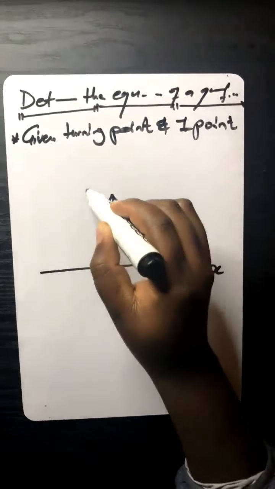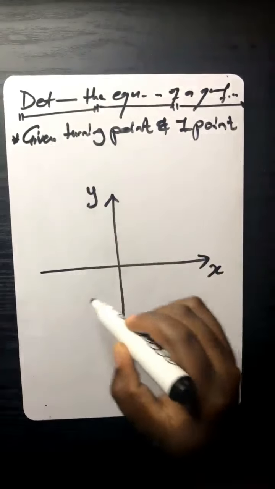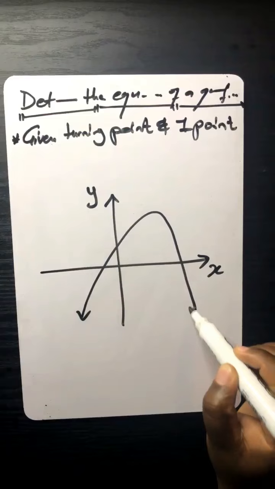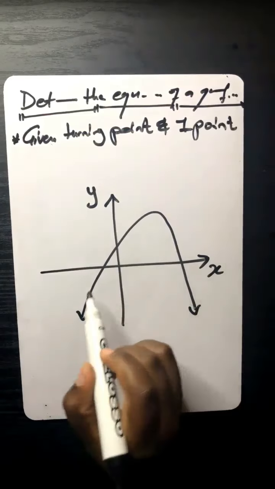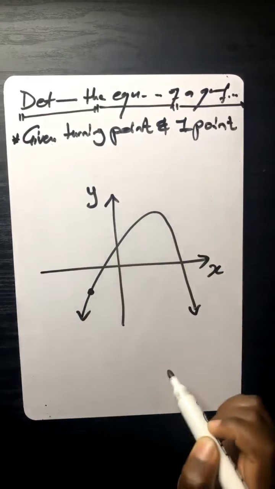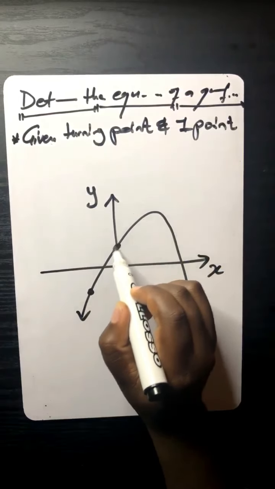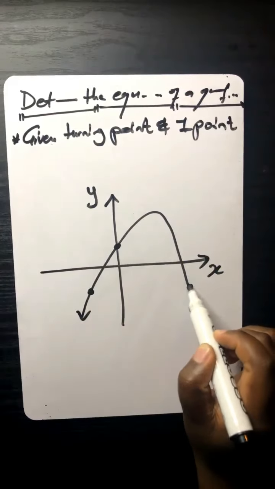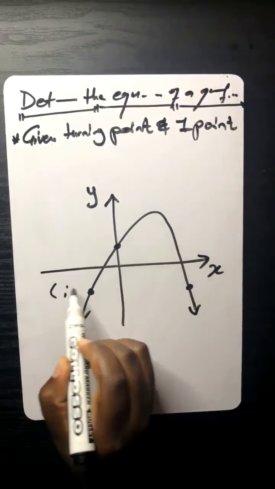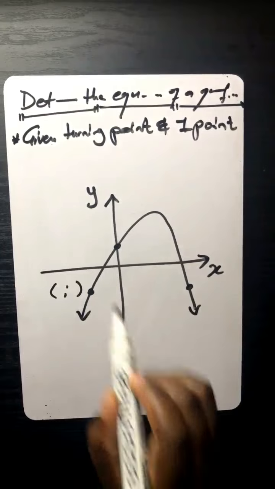This is the x, this is the y-intercept, and you've got something similar to that. So 1 point, guys, could be any point along that function. It doesn't matter whether it's that point there or a point there. Remember, when I say a point, that's where you're given the x and y coordinates.